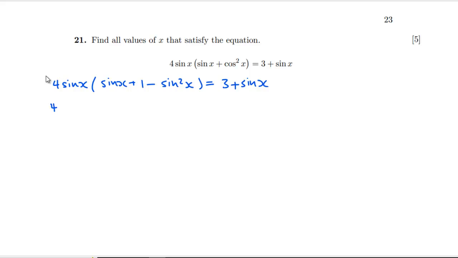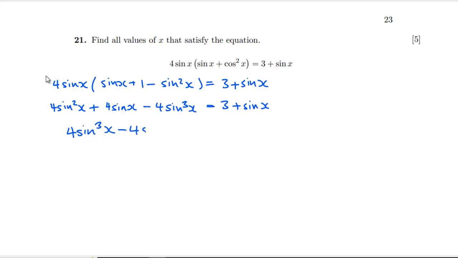So we've got 4 sine squared x plus 4 sine x minus 4 sine cubed x is equal to 3 plus sine x. So we can take the sine x off of each side, and oh, actually the sine cubed is negative, so let's put everything on the right in inverted commas. So 4 sine cubed x minus 4 sine squared x minus 3 sine x plus 3 is equal to 0.